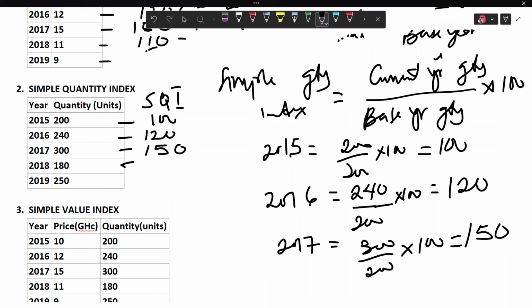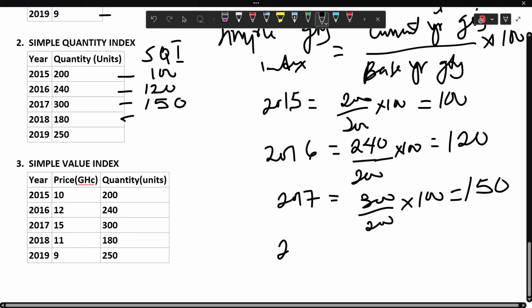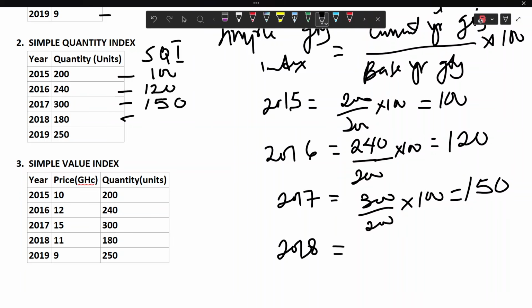Then for 2018, we have a quantity of 180 divided by the base year quantity 200 times 100, giving us a value of 90.